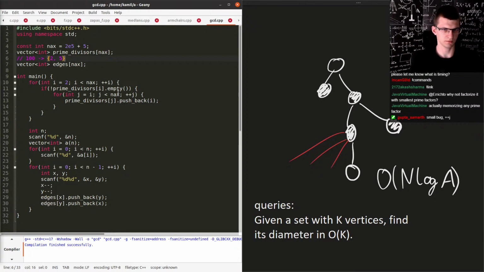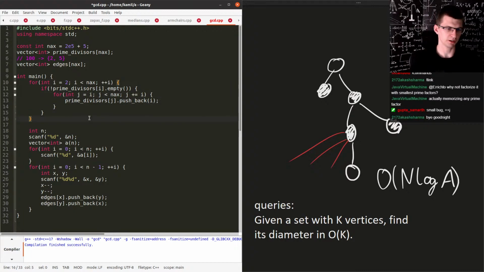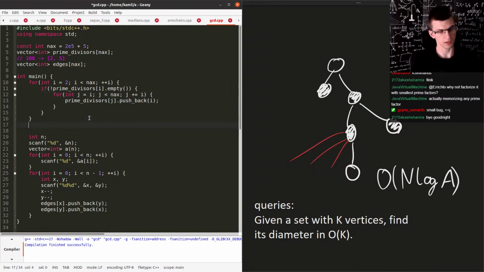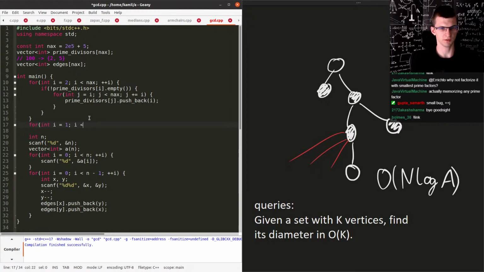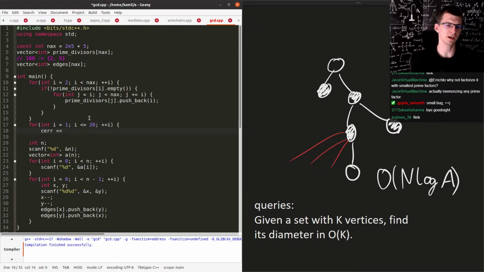Oh, small bug. Thank you. Iterate over multiples of i, obviously, not over all the values. Good night. Good night to you. We can quickly check if this is fine by printing for every value, but usually I would do it only if the full code doesn't work.